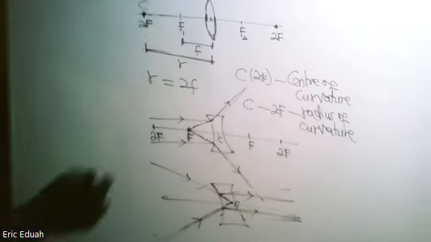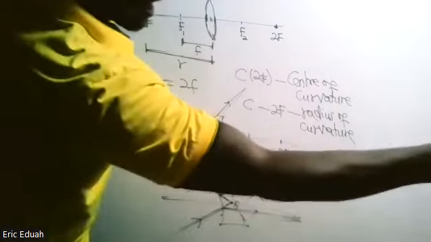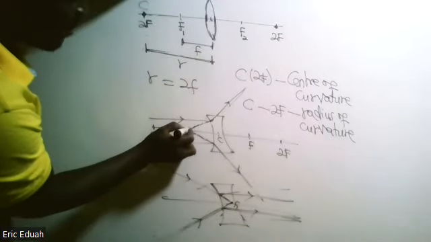So when it is parallel, it will spread out, diverted, and appear to be diverted from this point.